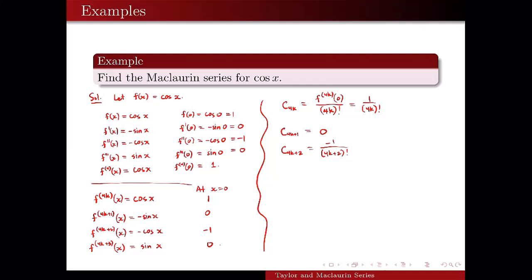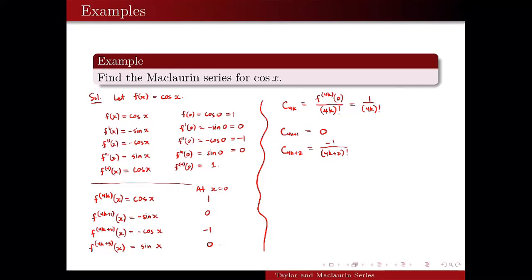Okay? 4k plus 1: k equals 0, that's the first derivative. K equals 1, that's the 5th derivative. Then the next one will be the 9th derivative, and so on and so forth.